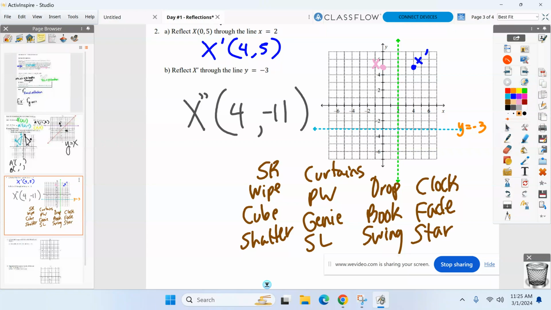Vote time. Ready? Slide right. I like how you guys are trying to figure out how it's going to be a tie. Wipe. Cubes. Shatter. 3. Curtains. Pinwheel. Genie.